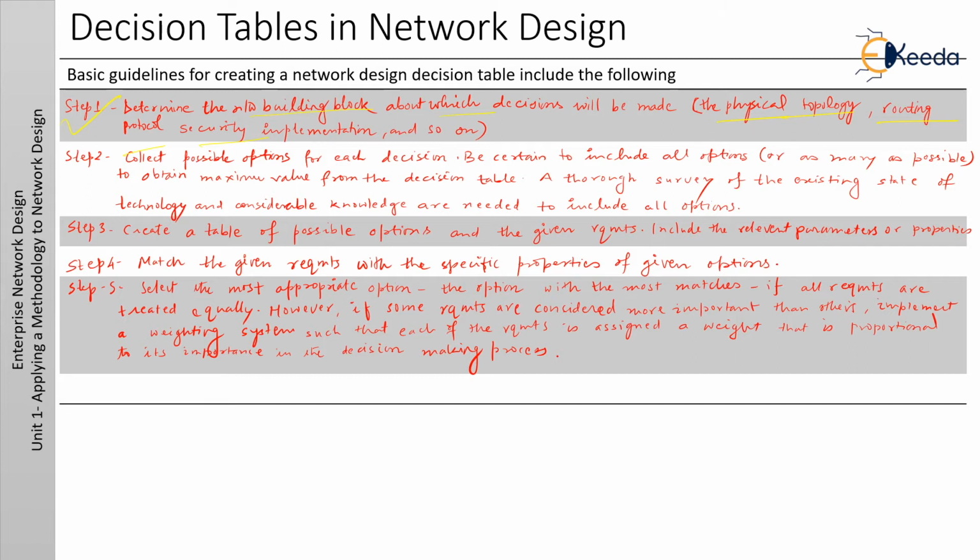The second step is to collect the possible options for each decision. Be certain to include all options, or as many as possible, to obtain maximum value from the decision table. A thorough survey of the existing state of technology and considerable knowledge are needed to include all options.